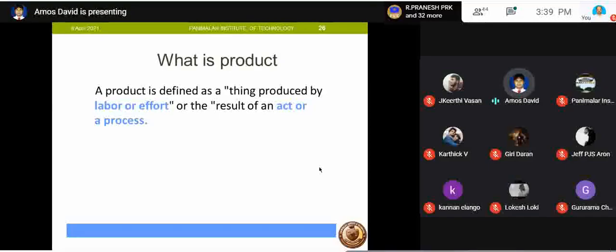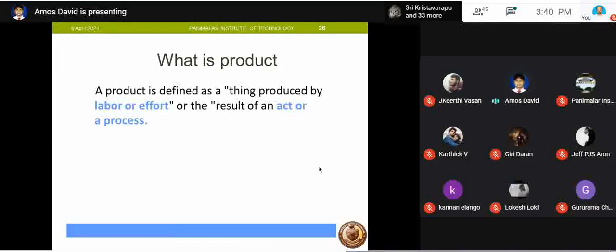This is important now. What is a product? Look at it. This is the explanation that I got. A product is defined as a thing produced by labor or effort, or the result of an act or a process. So a product is something that is coming out of some effort. Understood? So they'll say you are all products of Panimalar Institute of Technology, correct?